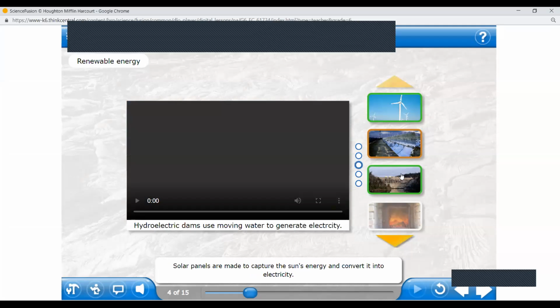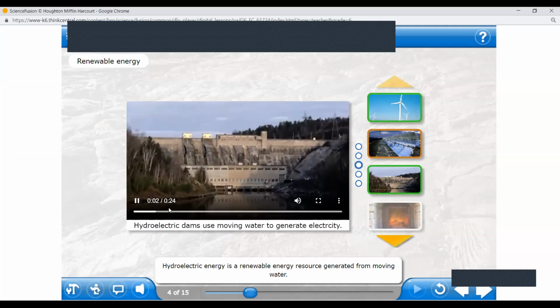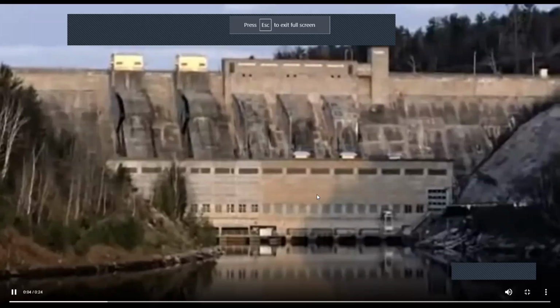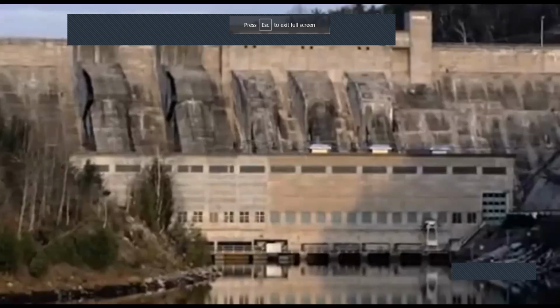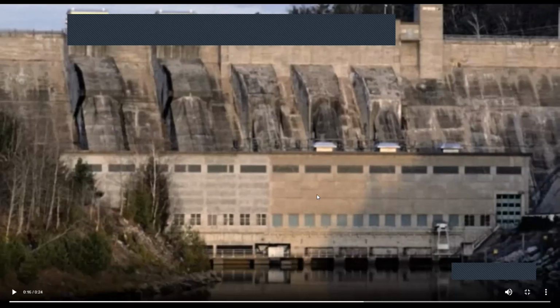Solar and wind. Hydroelectric energy is a renewable energy resource generated from the pressure of moving water. The original source of hydroelectric energy is the sun. The sun heats and evaporates water, which rises into the air as water vapor. The water vapor then condenses. Girls, what do you think?